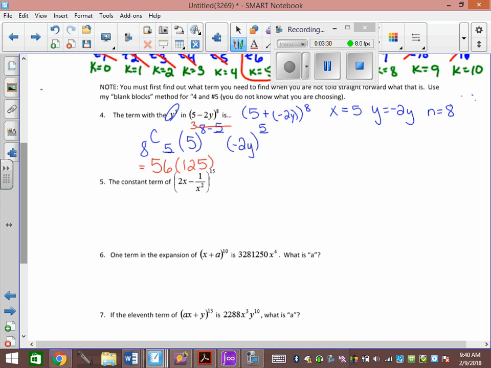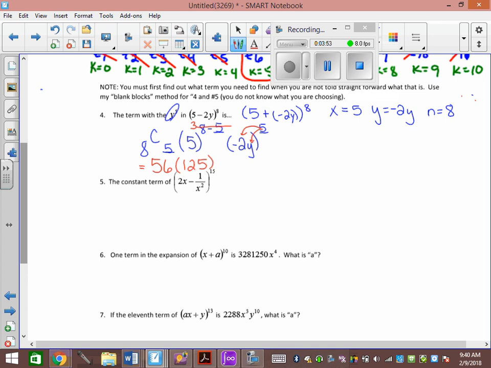125. And then remember, we have to distribute the 5 to both. So what's negative 2 to the 5? And if you put it in your calculator, remember, you have to put in brackets. You know that's going to be negative because any negative base to an odd exponent stays negative. Any negative base to an even exponent turns positive, right?